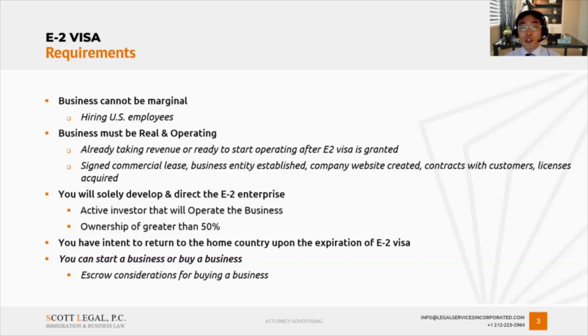So if the E2 business is barely making income just to cover you as an E2 investor, your family members and living costs, the government would not like it, because that way you are not really contributing anything to the local economy. You are just surviving yourself.